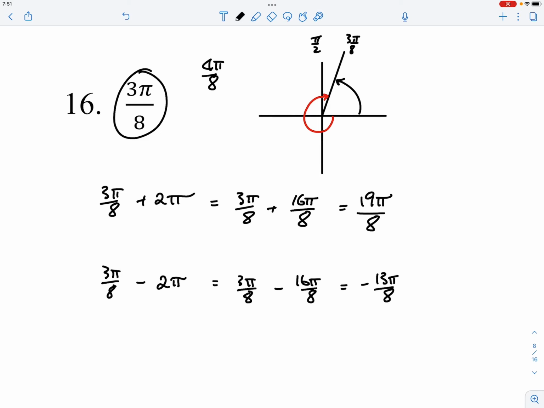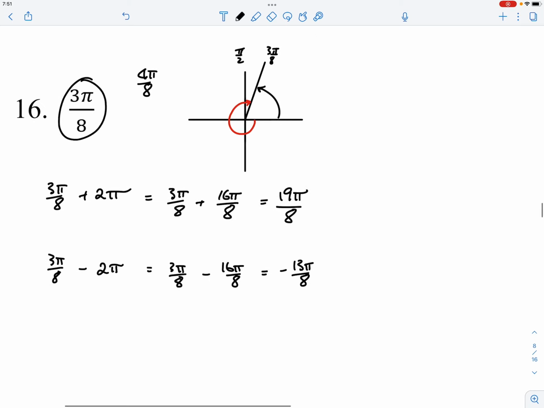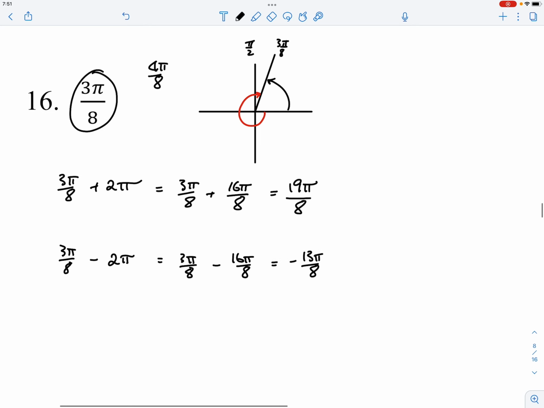Now just to make sure that it makes sense, it goes all the way for 3 quadrants back to quadrant 1. So if you go back more than 3 quadrants, what's the radian equivalent for 3 quadrants or 270 degrees? Well, remember that 270 degrees is 3 pi over 2, like 1.5 pi.